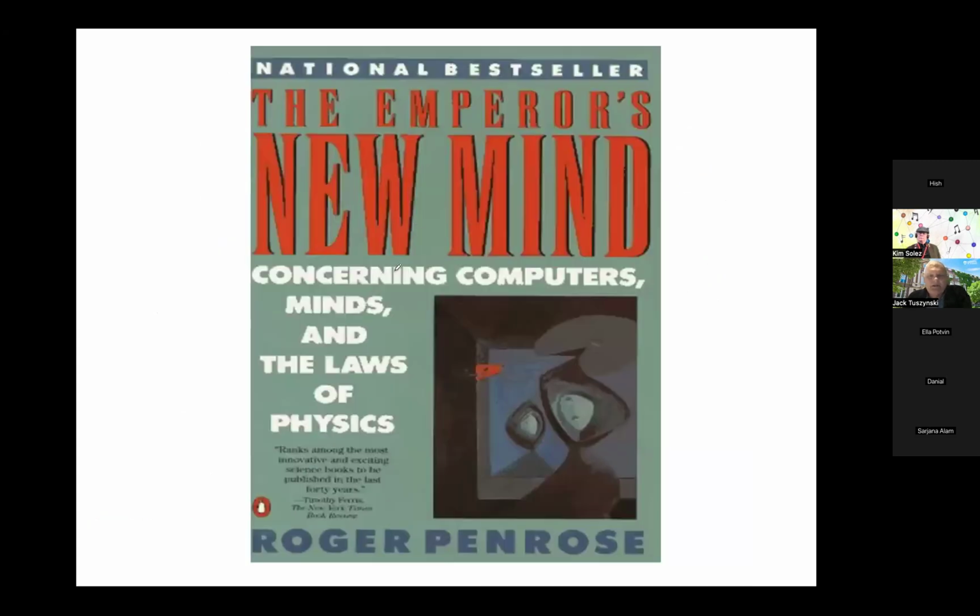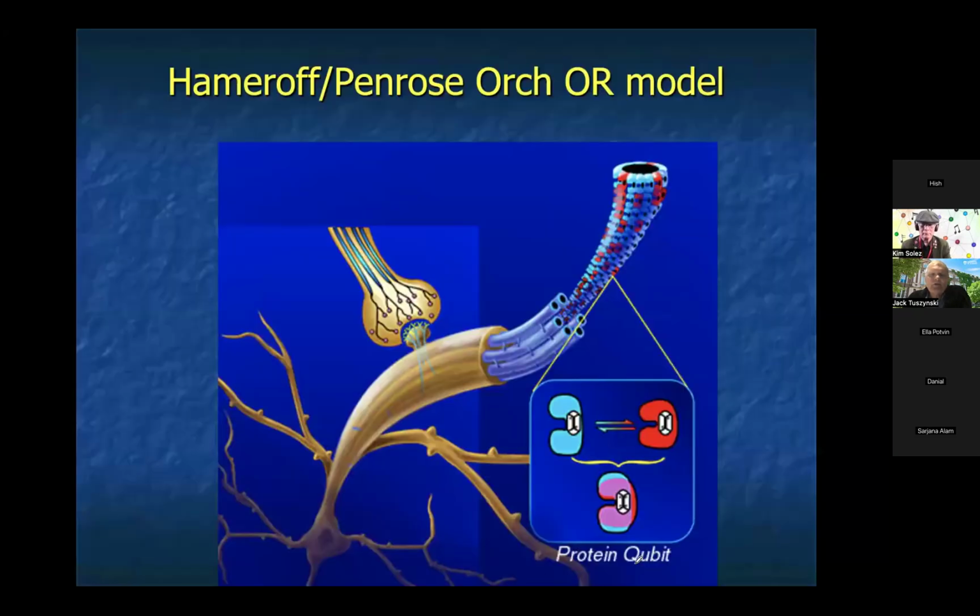Okay, so that's the book that I referred to, Roger Penrose's The Emperor's New Mind. It is now 30 years old, I think, maybe 25 at least, and it was prescient and opened a lot of avenues for investigations and discussions.